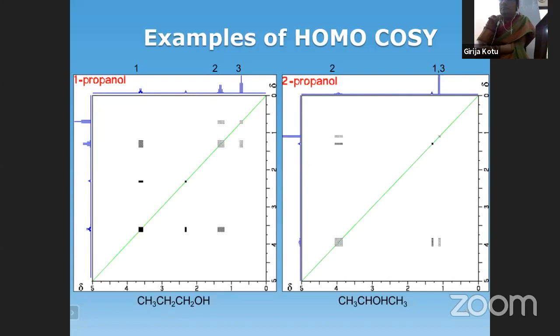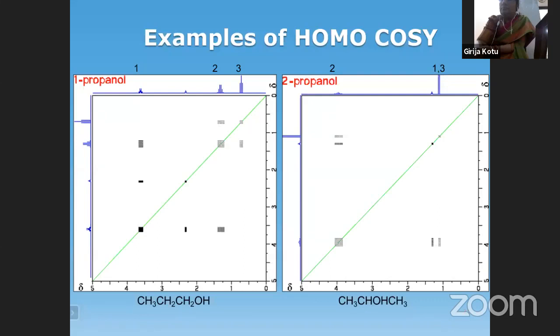Now coming to the matrix, that is the 2D spectrum, that is the homo COSY. You will have connectivity between the CH proton and the hydroxyl proton. So a box you can draw. Cross peaks are present symmetrically above and below, where you can complete the box square. And again, the second proton, CH proton, also has got a connectivity to the third. So you can have another box.